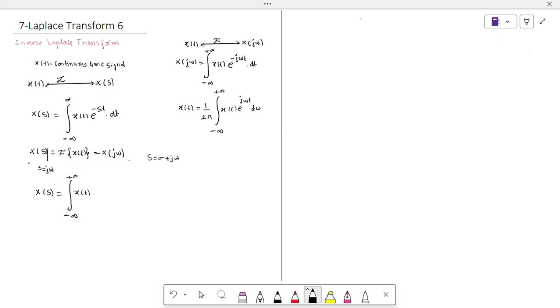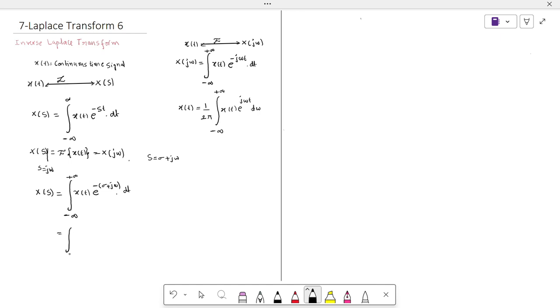This is the relation between the Fourier transform and Laplace: whenever s is substituted as j omega, it becomes the Fourier transform. I wrote that statement only for that condition. But in Laplace, s equals sigma plus j omega, so the exponent becomes minus sigma plus j omega, into dt.